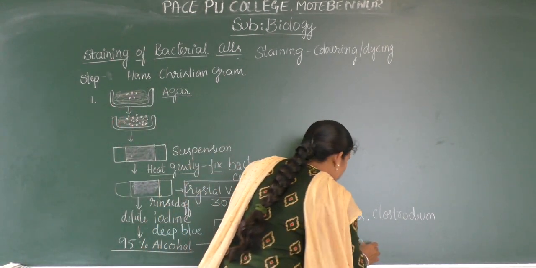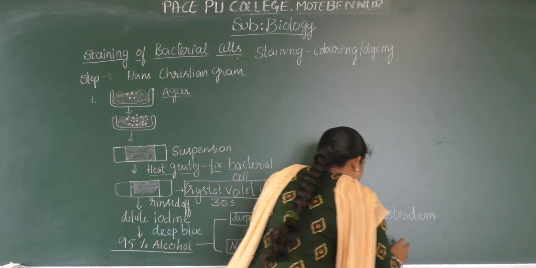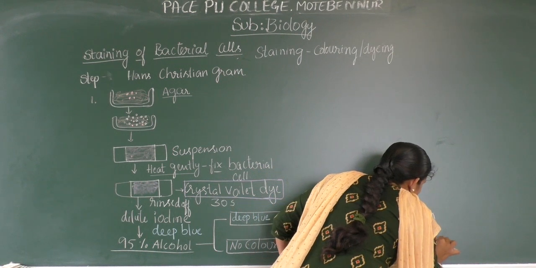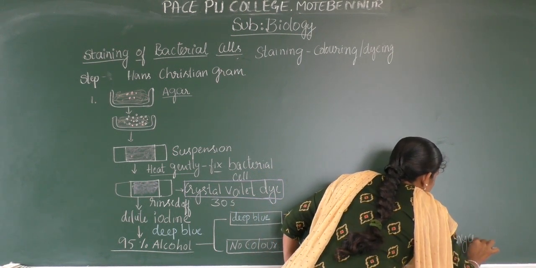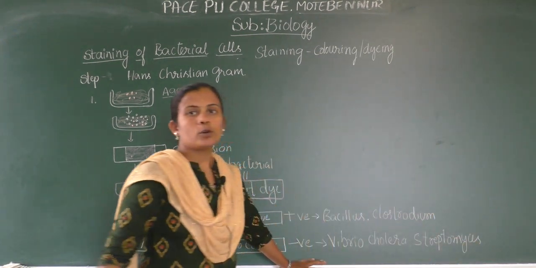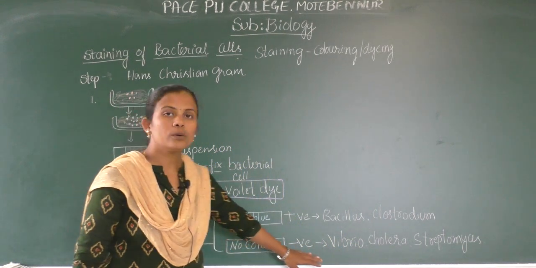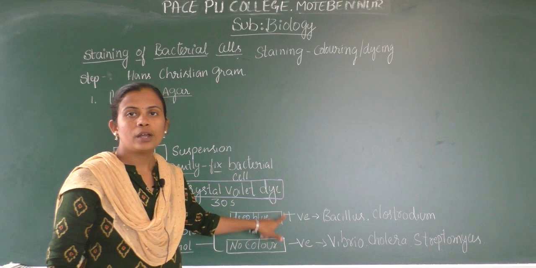That is Vibrio. Cholera is one best example of a gram negative cell. And another one is Streptomyces. So these are the two examples for gram negative bacterial cells, and Bacillus and Clostridium are the two examples for gram positive cells.